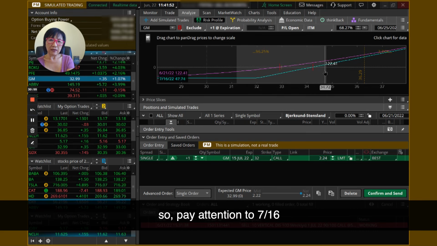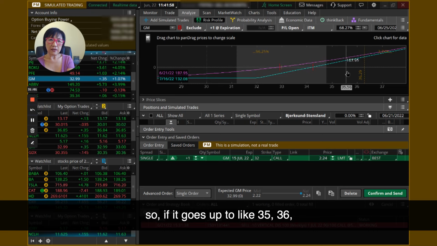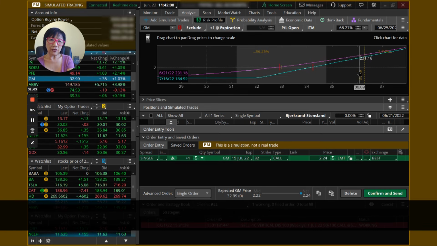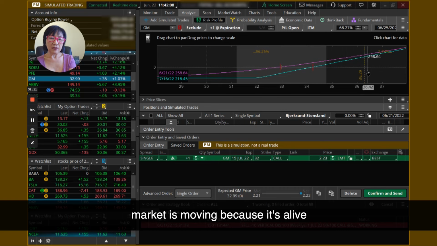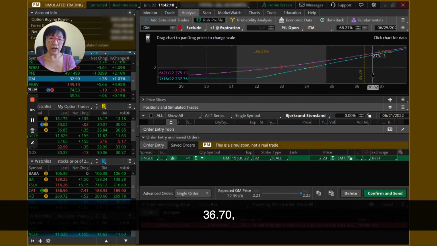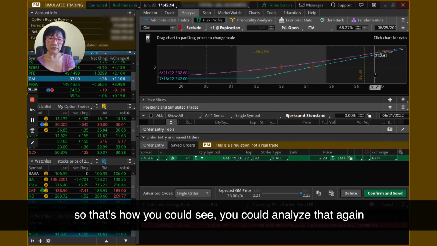Pay attention to this number right in here. If it goes up to like 35, 36, I'll be making 194 or 191. Again, this market is moving because it's live. At 36.70, I'll make $247. So that's how you can see.